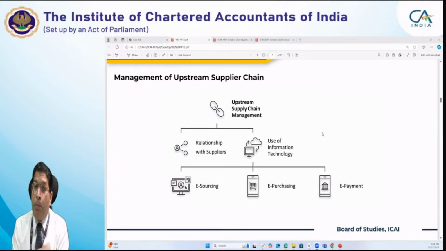Key aspects include supplier relationship management, which focuses on maintaining good relationships with suppliers to ensure timely delivery and cost control. Here it is very important to understand the term supplier relationship management. In upstream supply chain, supplier relationship management is very, very important.